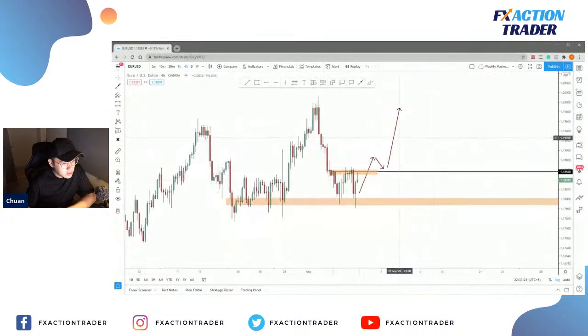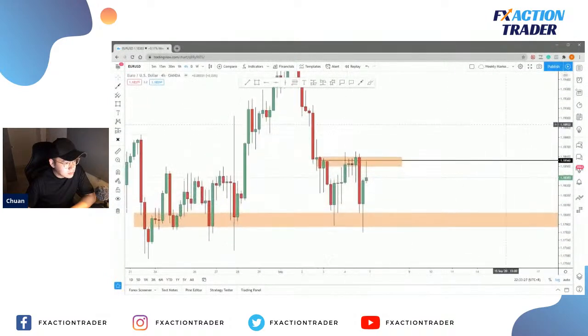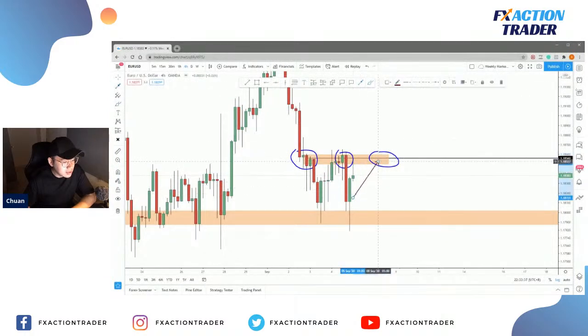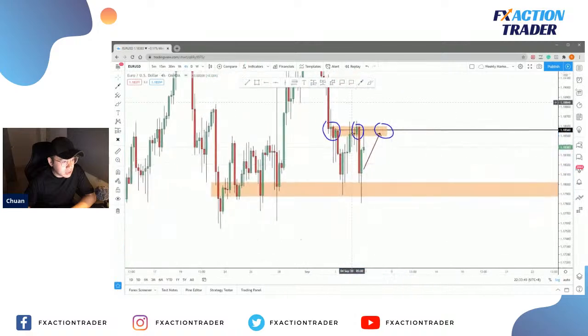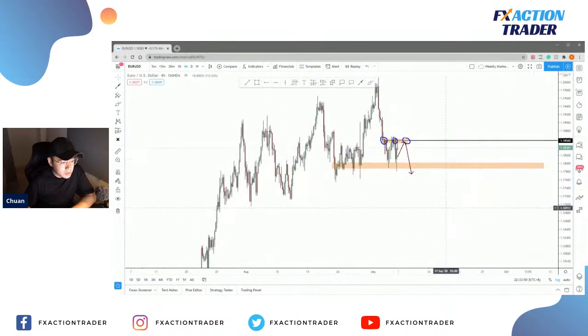But if the market retests this level, because this is an H4 chart and this is also a significant resistance level, and fails to break above, and we start to see the market dropping and breaking below this market structure low, let me make this smaller.